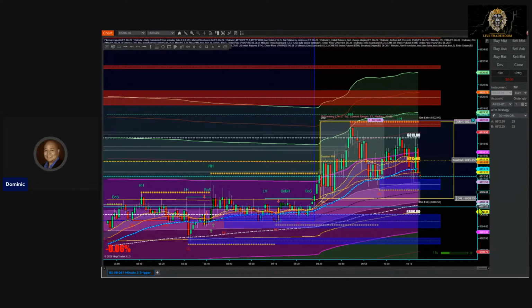You can take a buy here, but I'll do that on micros right now, because that's what it's doing, just going in that range. Just take a buy there and get a couple points. And testing the VWAP.